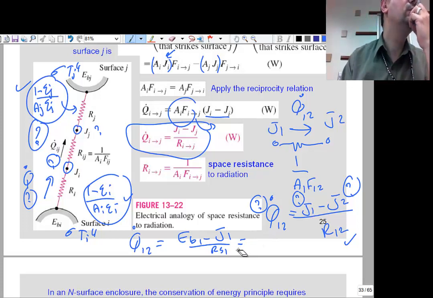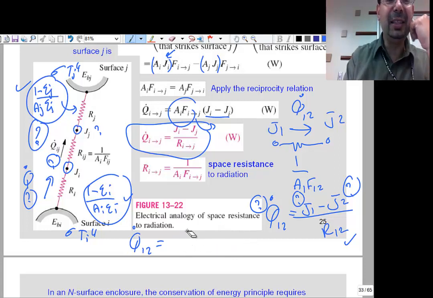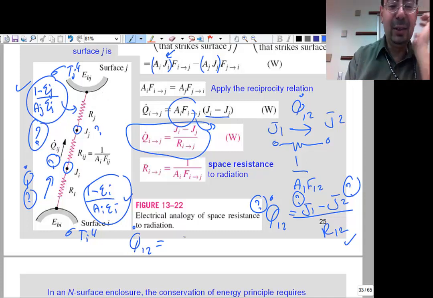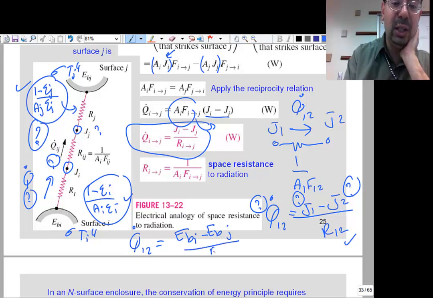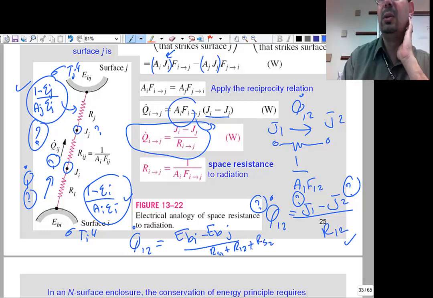You got your free quiz. EBi minus EBj divided by total resistance. So the 3 resistances are in series. And so the Q is EB1 minus EB2 over the 3 resistances: RS1 plus R12 plus RS2.